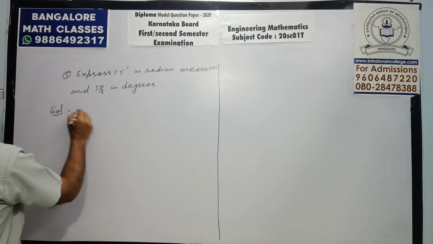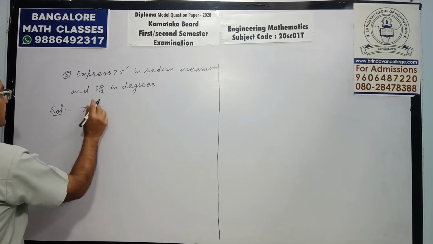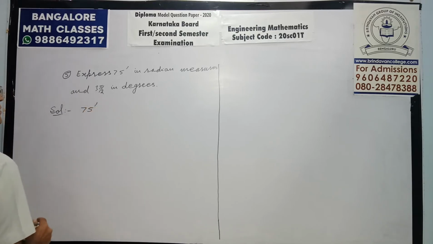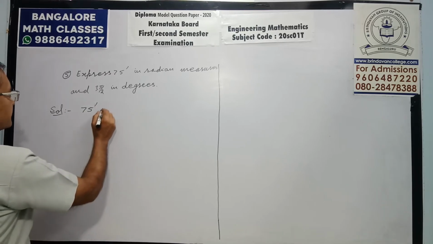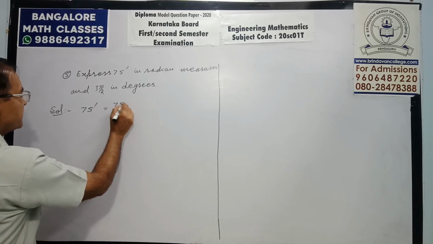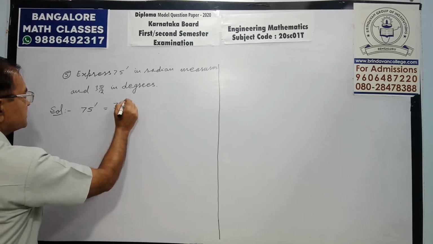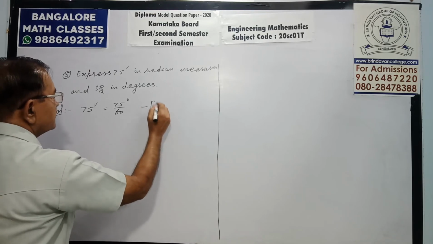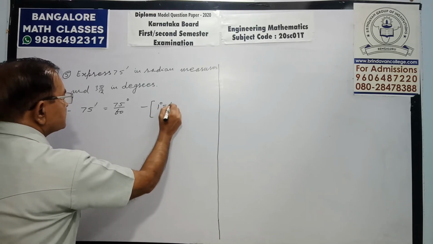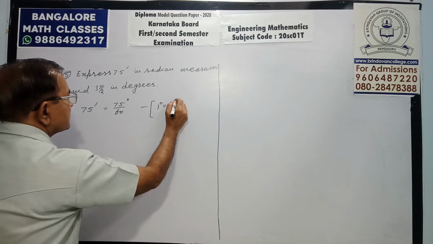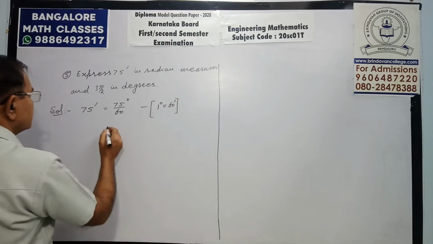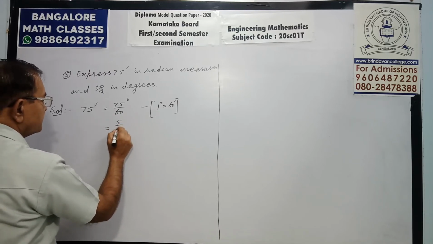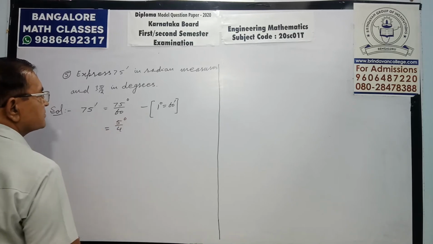Solution. 75 minutes converted into degrees is 75 by 60 degrees, because 1 degree is 60 minutes. So it will come out to be 75 by 60, which is 5 by 4 degrees.